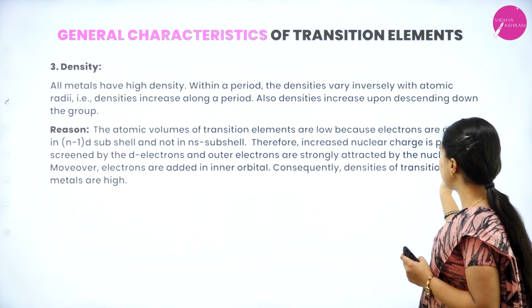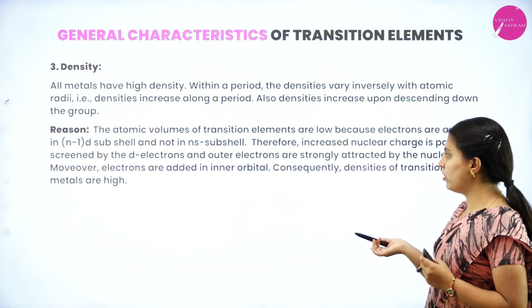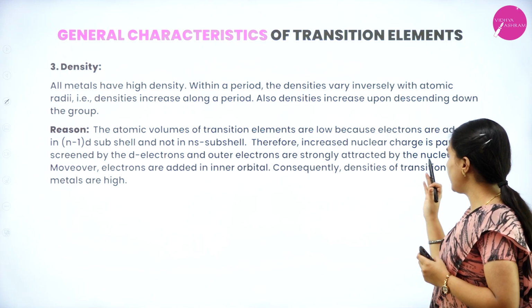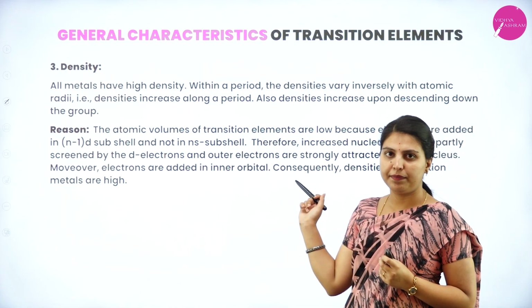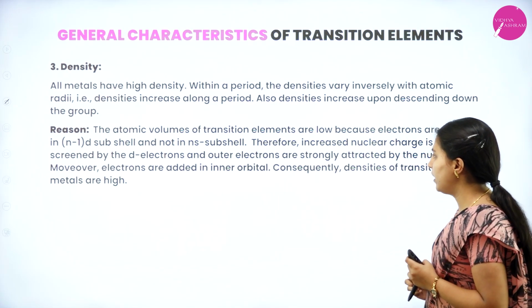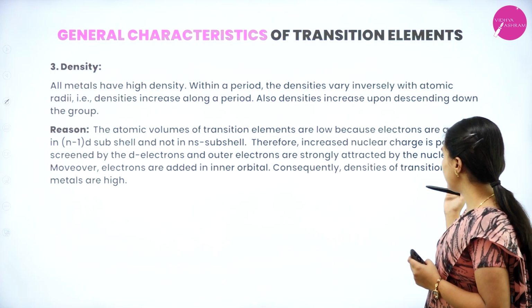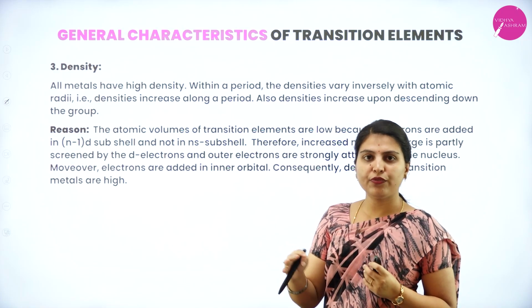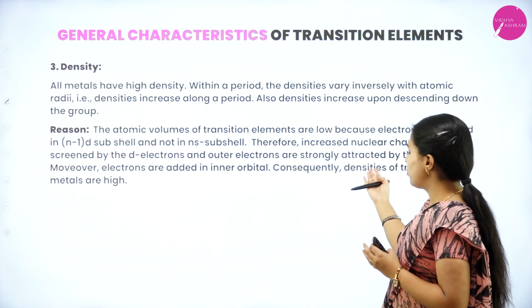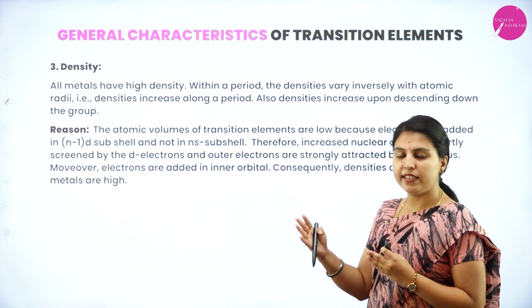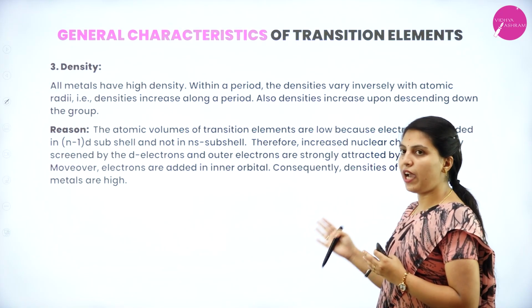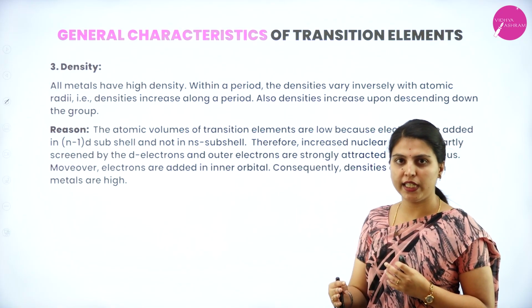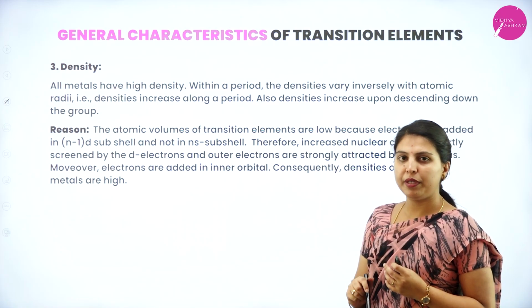Therefore, the increased nuclear charge is partly screened by d electrons and outer electrons are strongly attracted by the nucleus. Moreover, electrons are added in the inner orbital, consequently the densities of transition metals are high. So the density of metals will be high.